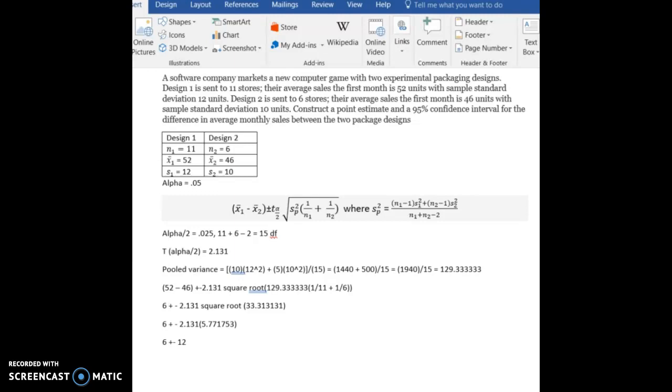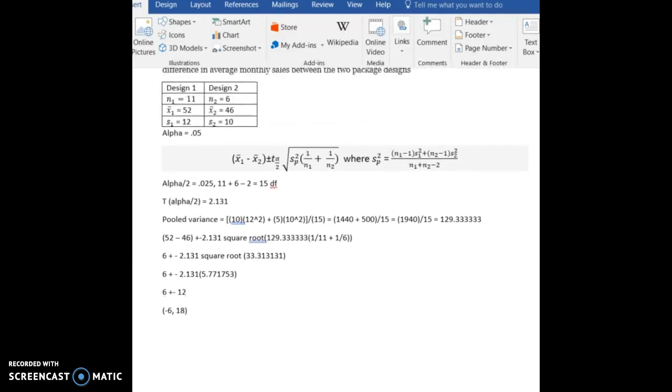So we'll have 6 minus 12, that's going to be negative 6. And 6 plus 12 is going to be 18. All right, so there's our confidence interval, but let's not forget to state our confidence statement.